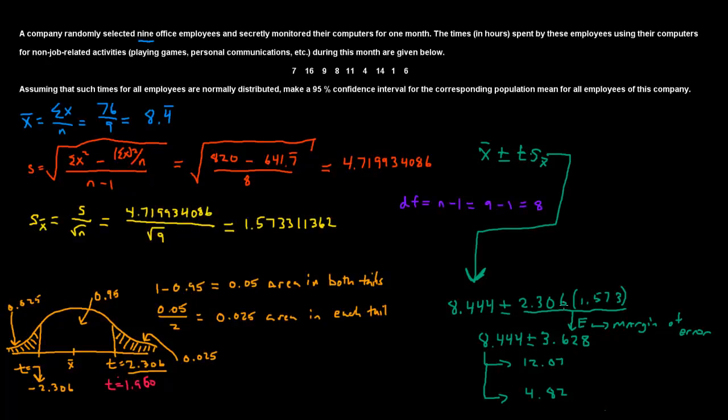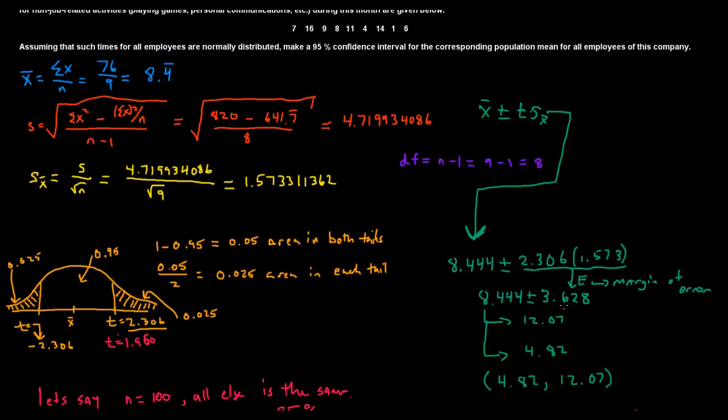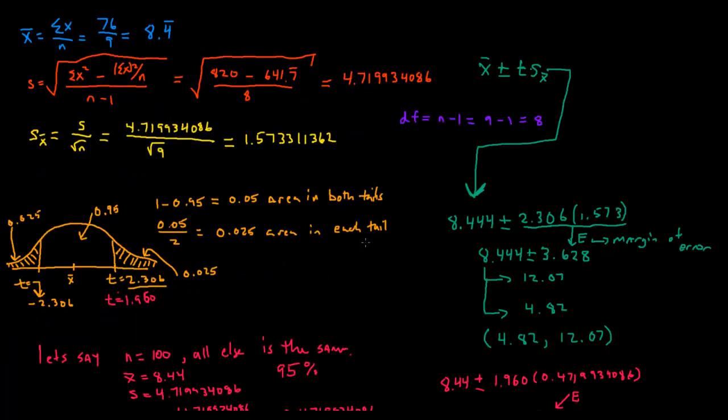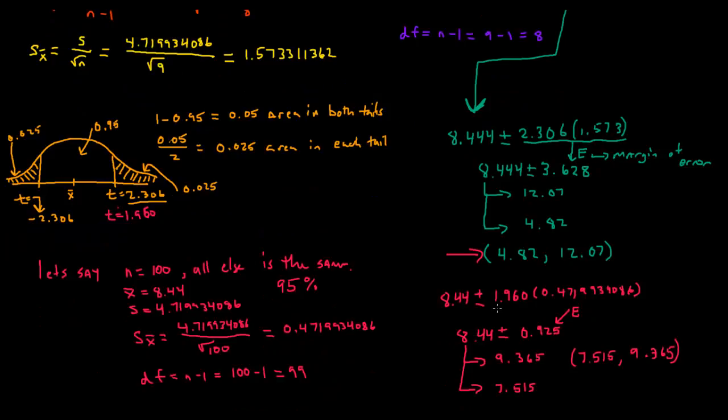We then found the margin of error and constructed our confidence interval here, and then we went further than that and said, what if we increase the sample size, left everything else the same, made a few assumptions, but we demonstrated that you could reduce the margin of error greatly by simply increasing the sample size.